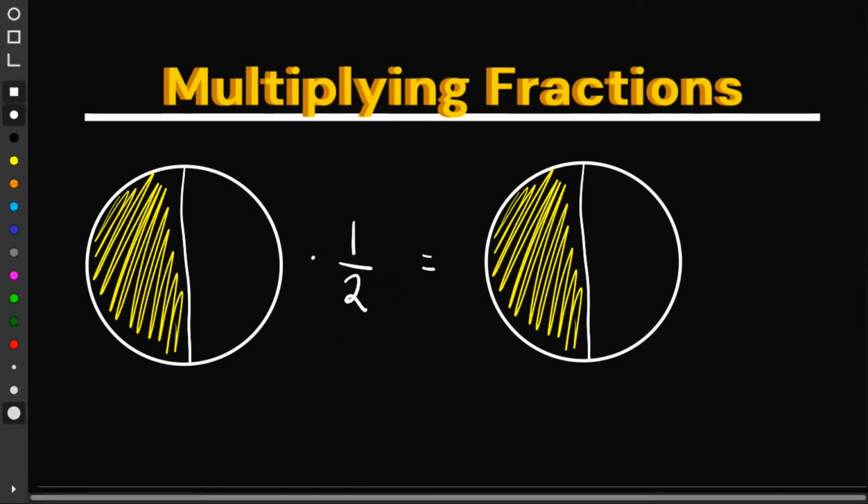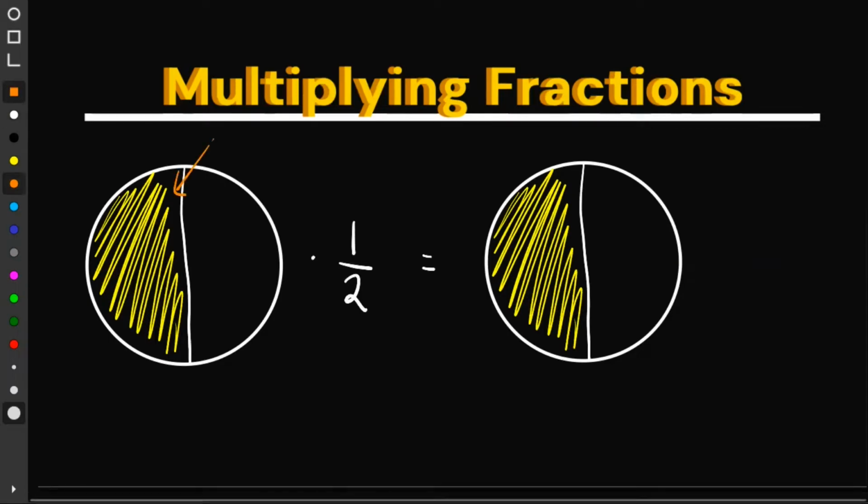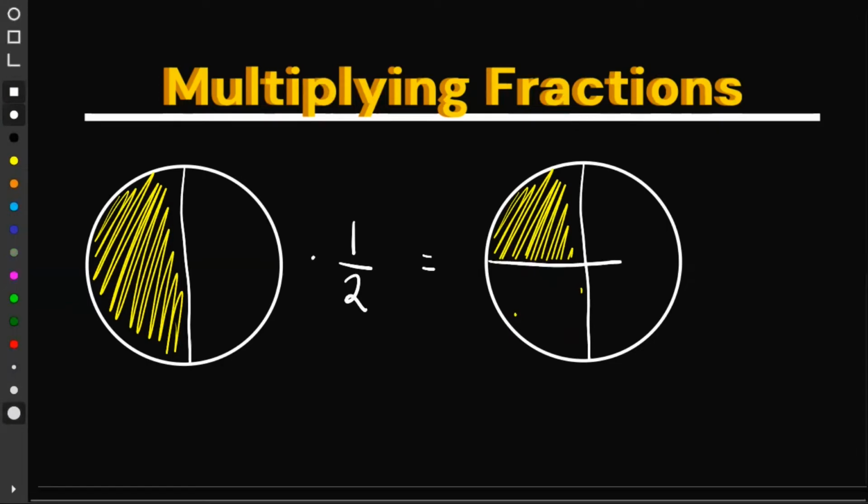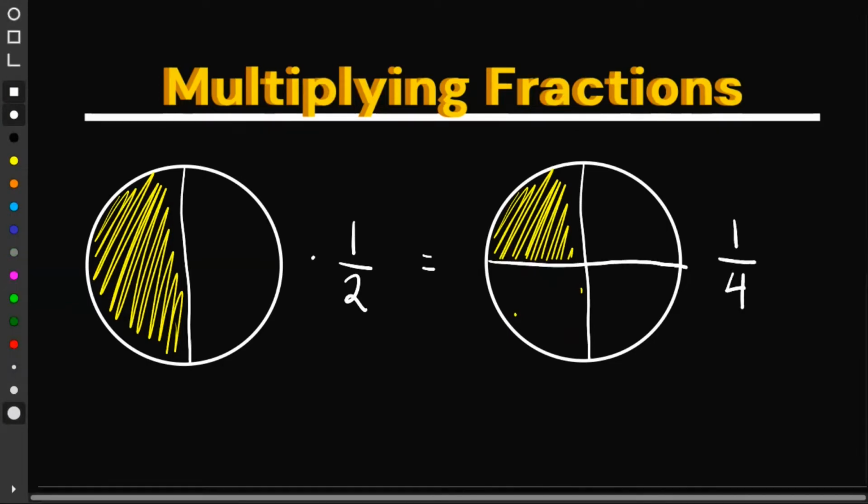So we try to get the half of this one, or simply this portion out here. So we would remove this part, and we would have 1/4. So that is the idea behind multiplying fractions.